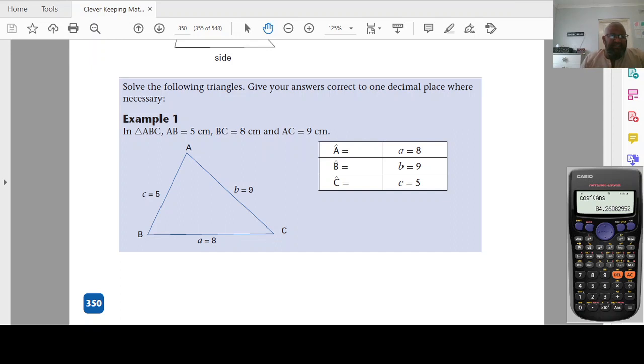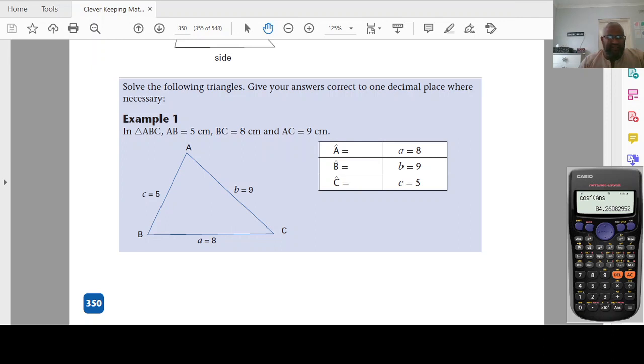Remember, the question says solve the triangle, so I must still calculate the other unknown angle. As we indicated before, sine is going to be the easier one to work with. So we say sine of A over a is equal to sine of B over b is equal to sine of C over c.